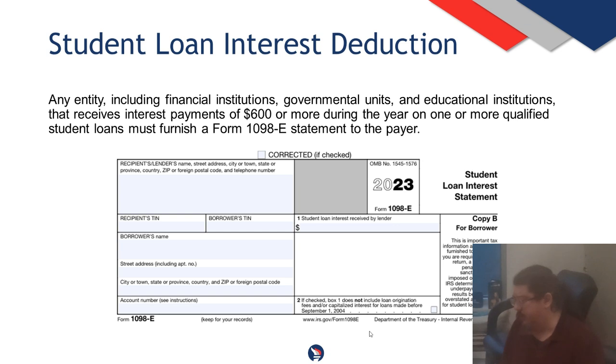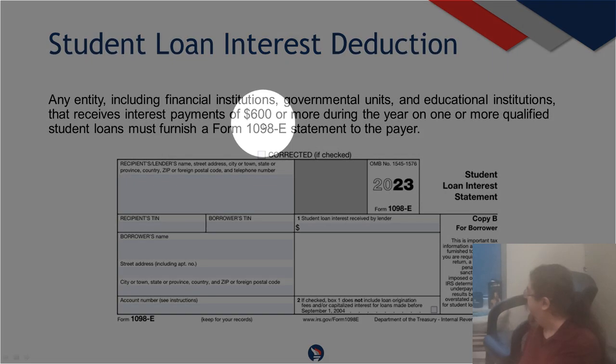Now, some educational institutions that I know of will let you sign an affidavit saying that I'm only using this for qualified educational purposes, and that an institution would then volunteer to provide a 1098-E for you. And the 1098-E is only required if they receive $600 or more in interest.